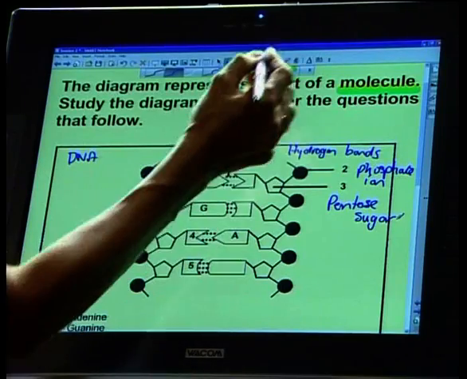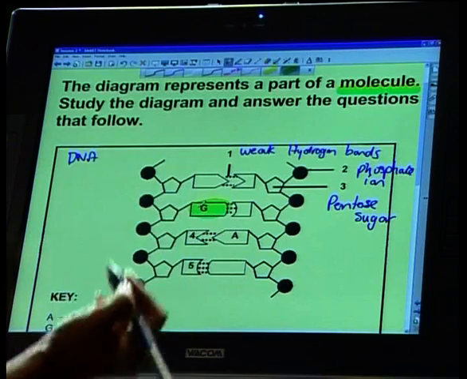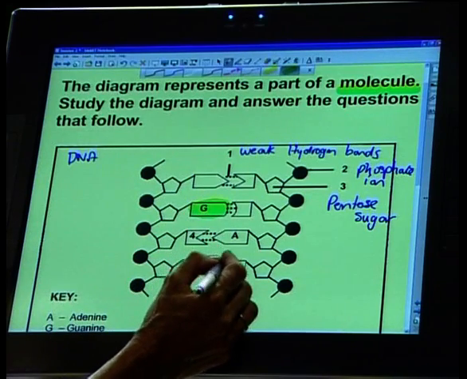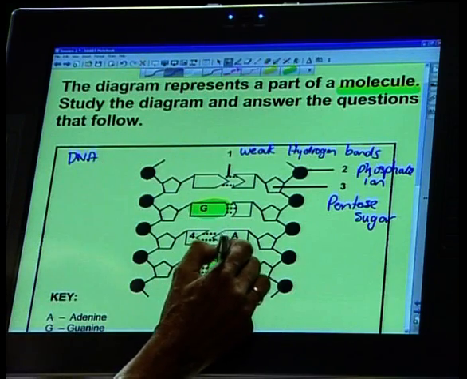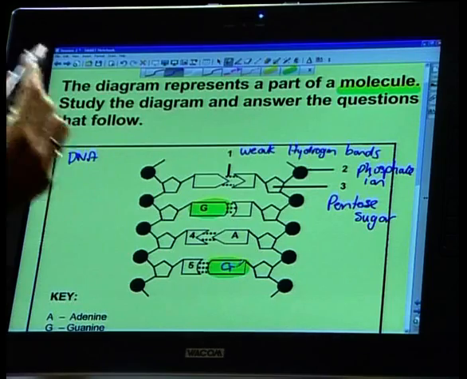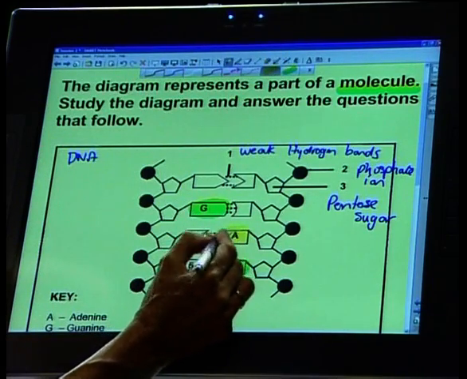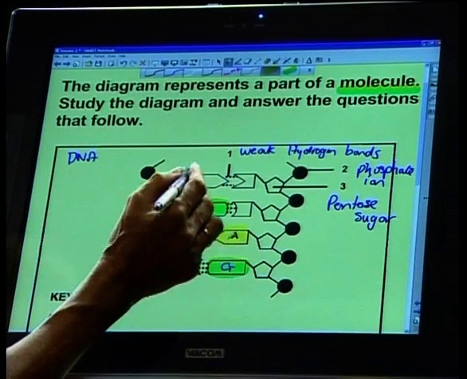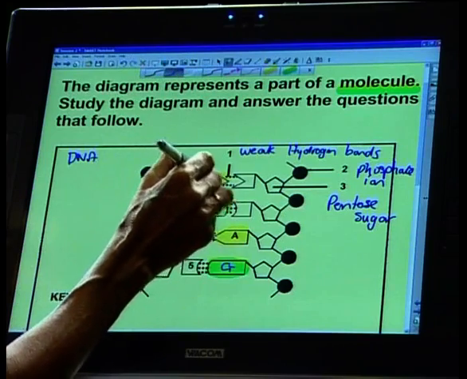They give us clues. They say that this shape is guanine. So therefore, this shape here is going to be the same. So this will be guanine. Easy game. We say here, this shape is adenine, which means this shape here will also be adenine.